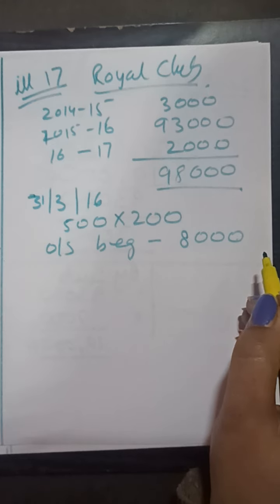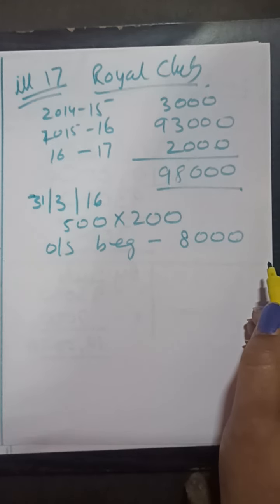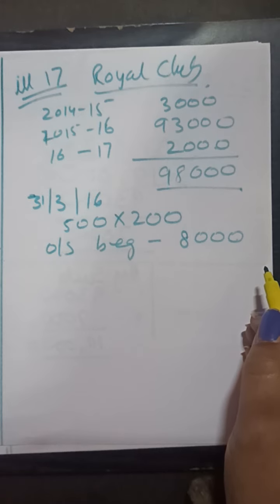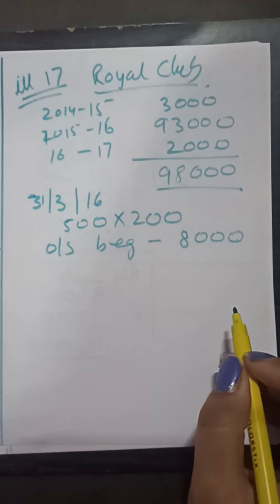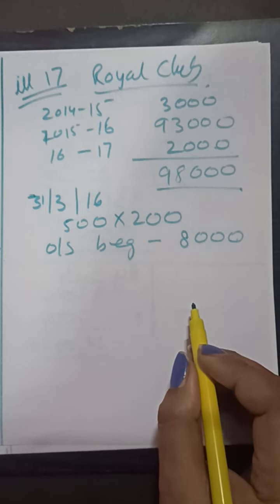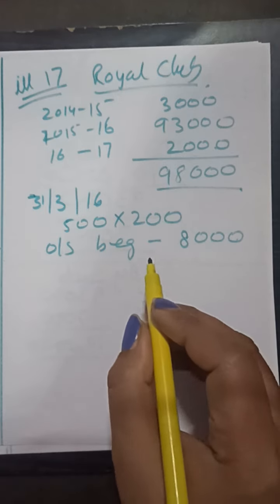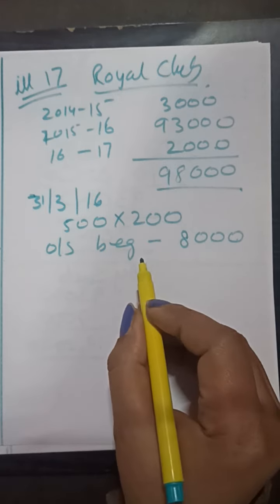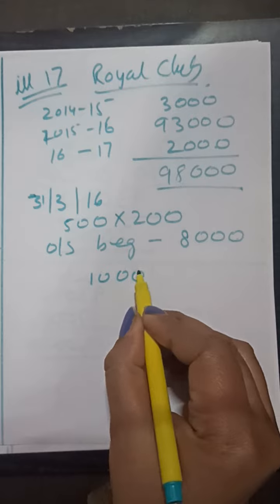Calculate the amount of subscriptions to be shown as income in the income and expenditure account for the year ended. Now from the income you have to take how much will relate to this year. They say the income that had to be generated, that means 500 into 200, is rupees 1 lakh.